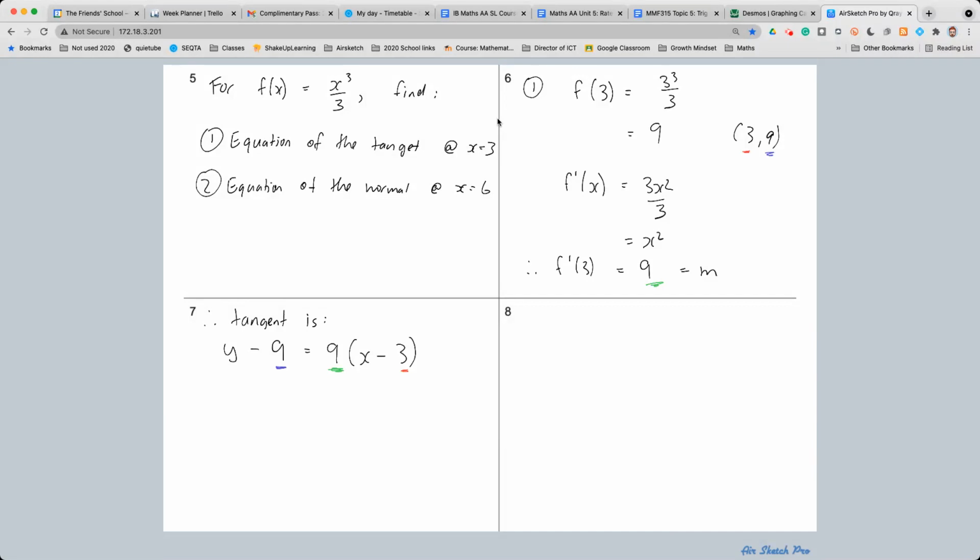Can you see? Again, because I'm making it up as I go along, I've now got dumb things like the gradient is the same value, just happens to be the same value as the y coordinate. That's just a coincidence.